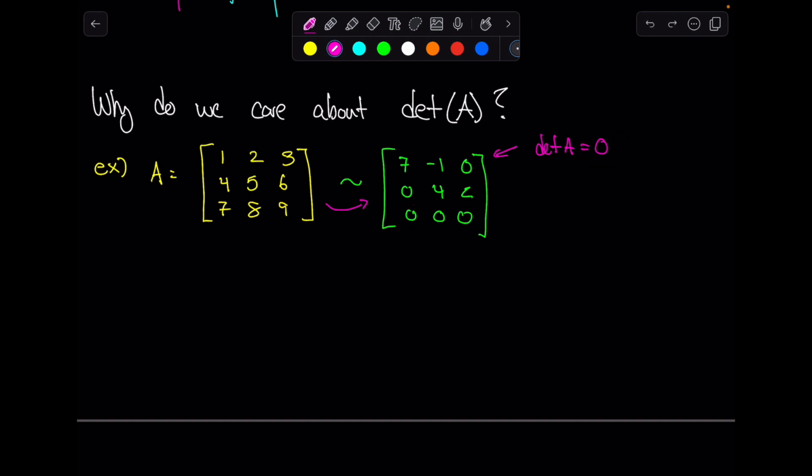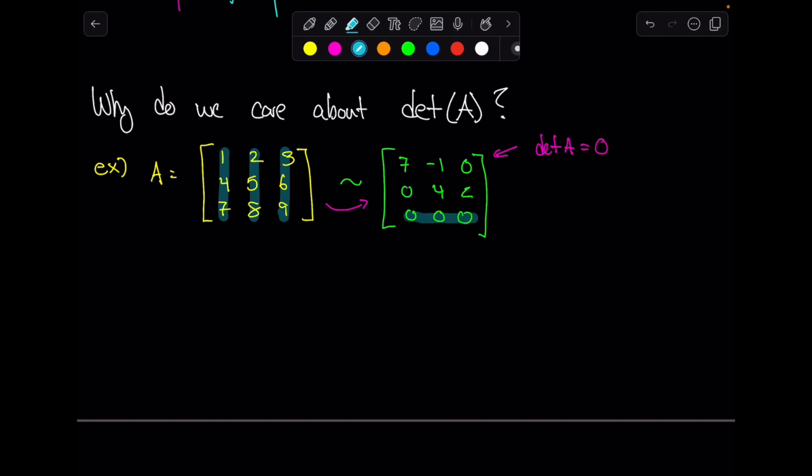So no matter what operations you did to get there, if at some point you get a row of zeros, your determinant is just going to be 0, because nothing you multiply by it is going to change the fact that it's 0. Okay, why is this a big deal? This is a huge deal, because what can you tell me about the columns of this matrix if, when you row reduce them, you get a row of zeros?